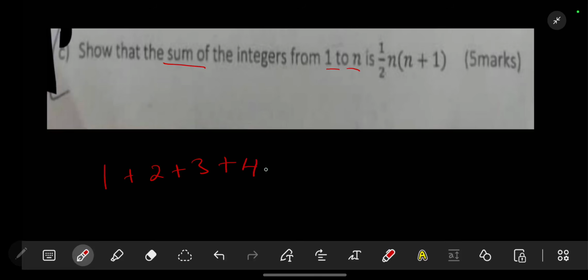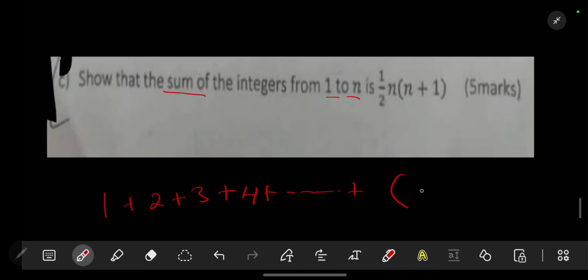We can go on plus 4, but our limit is some integer n. Now if you look at the pattern, if n is the last number, the number before it will be n minus 1, then we have plus the n.